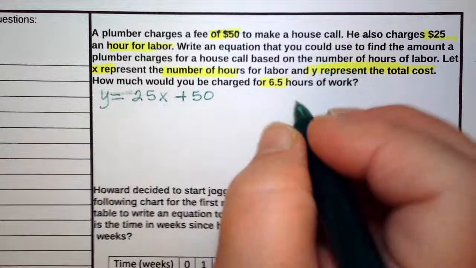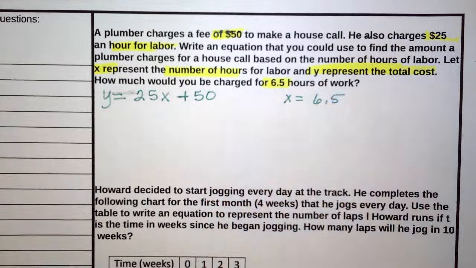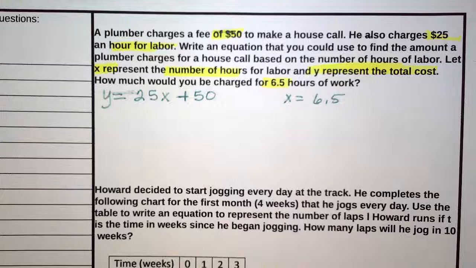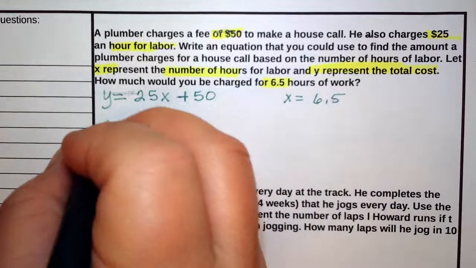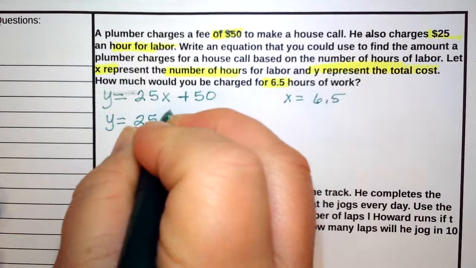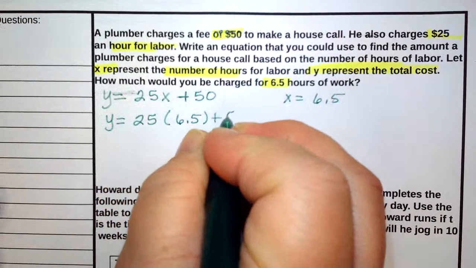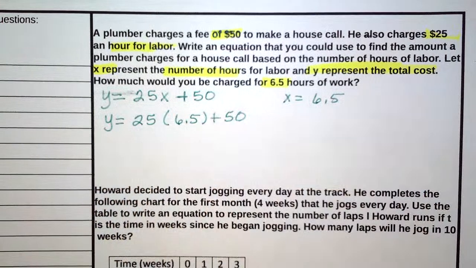What is our X value? X is equal to 6.5. So let's plug and chug. Let's put it all together. Y is equal to 25 times 6.5 plus 50.